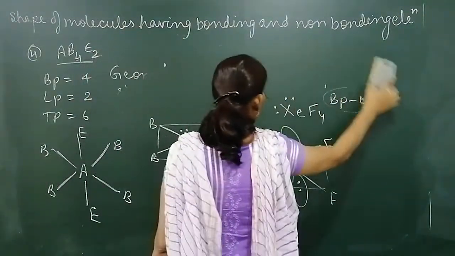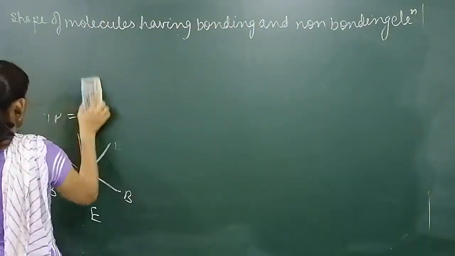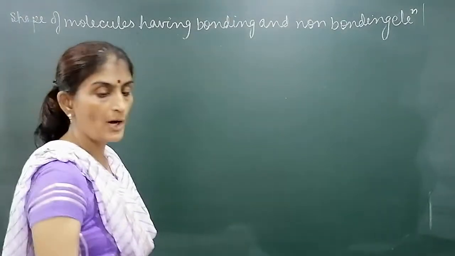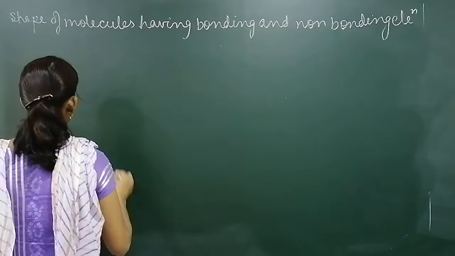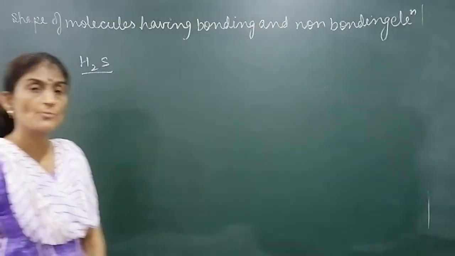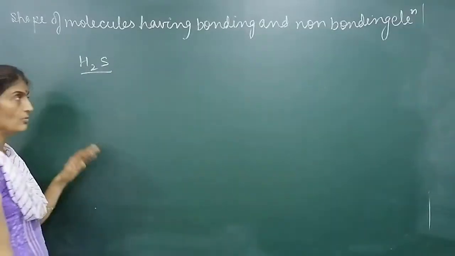How to find what is the shape of a molecule? Suppose we wanted to find out the shape of H2S molecule. What is the shape of H2S molecule? Suppose somebody told us to find the shape of H2S molecule. What we have to do?